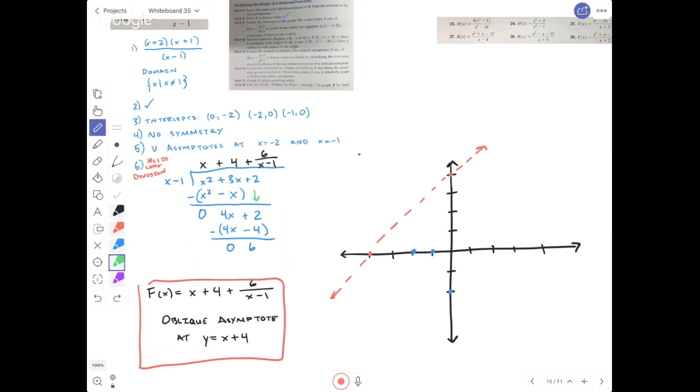Vertical asymptotes at x equals -2 and... no, x equals... what are we doing? Way back here we got problems. There are zeros at -2 and -1. There are vertical asymptotes at only x equals 1. There we go. So there's a vertical asymptote right here.